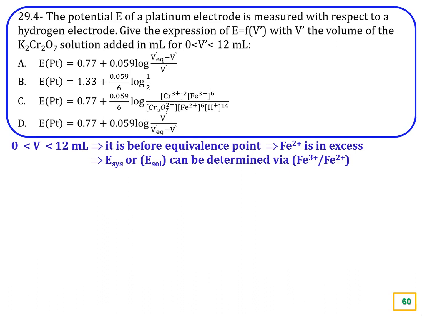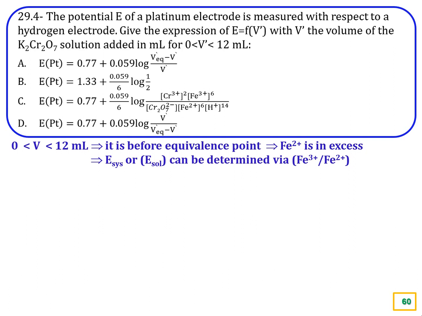After each addition, E of the reaction is equal to 0, and E of the solution is equal to E of the couple dichromate/chromium 3+ and equal to E of the couple Fe3+/Fe2+.